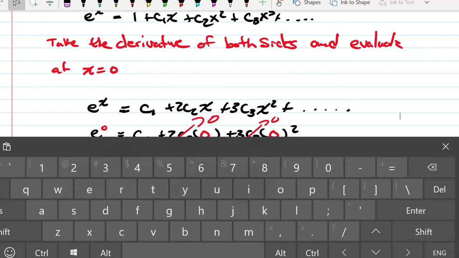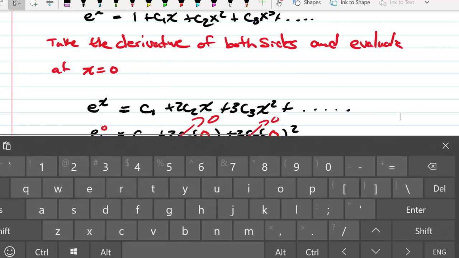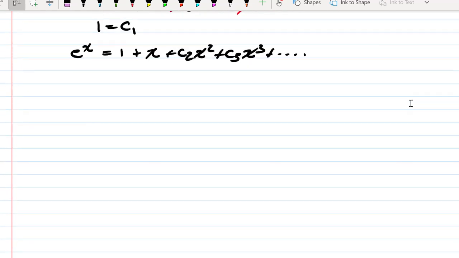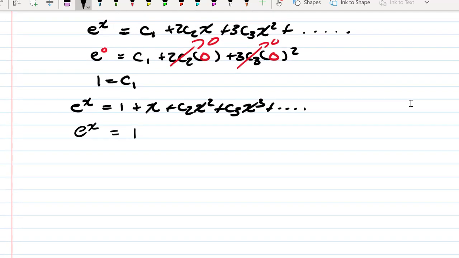And let's keep on going. Now, if we take two derivatives, the derivative of e to the x is going to be e to the x still. So we have e to the x is equal to 0 plus 1, the derivative of x, plus 2c2x plus 3c3x squared plus on forever.